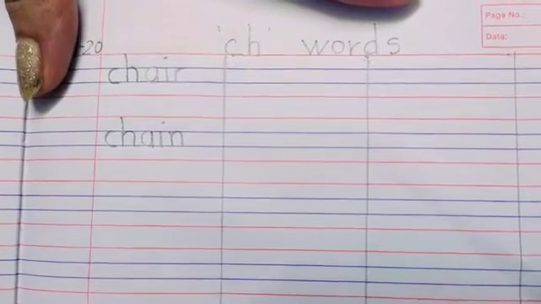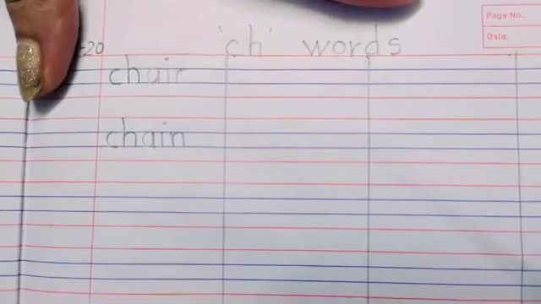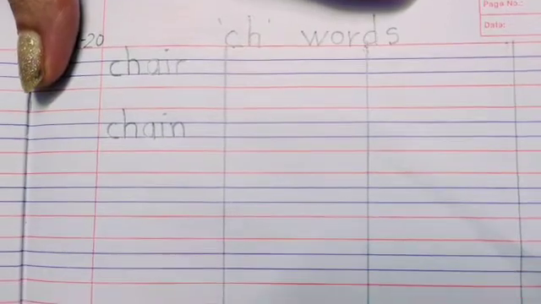A chain is a set of metal loops that are connected.